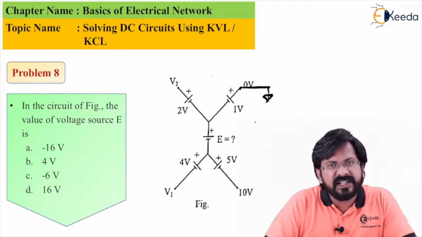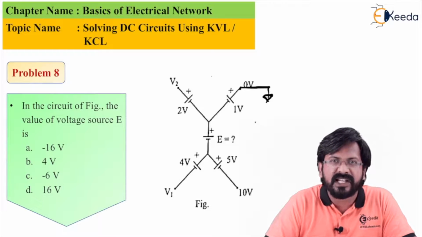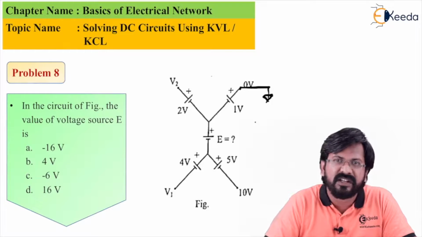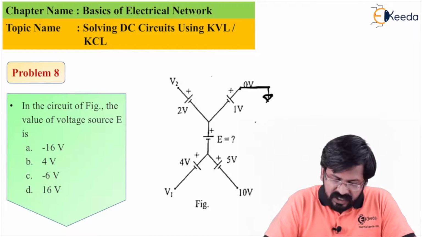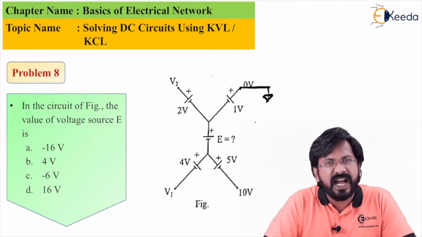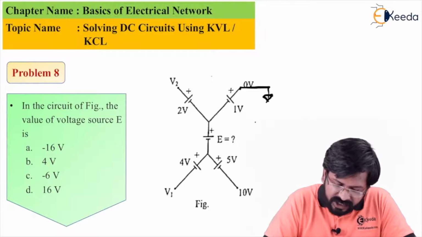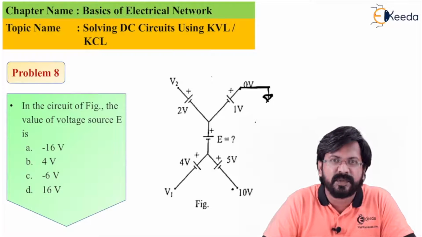So if it is given as 10 volt, you should understand that it should be a battery of 10 volt, and every battery has two terminals, positive and negative. In case only 10 volt is given, it means there is a battery having two terminals, positive and negative, and the positive terminal is connected to this point, and that's the reason why it is plus 10.